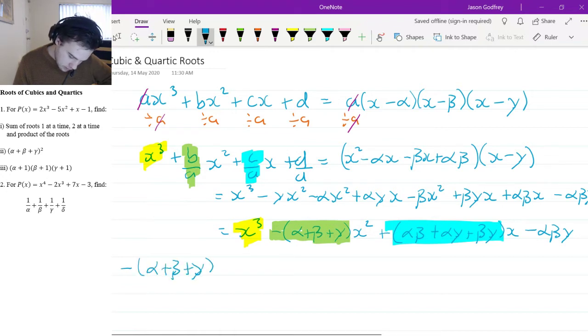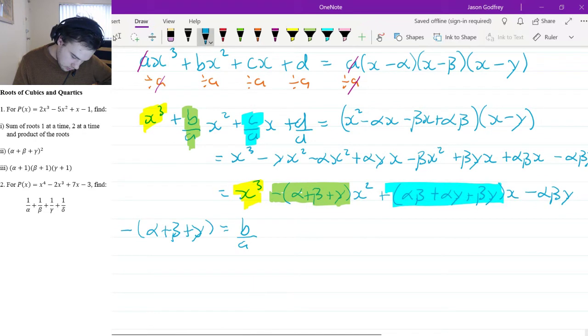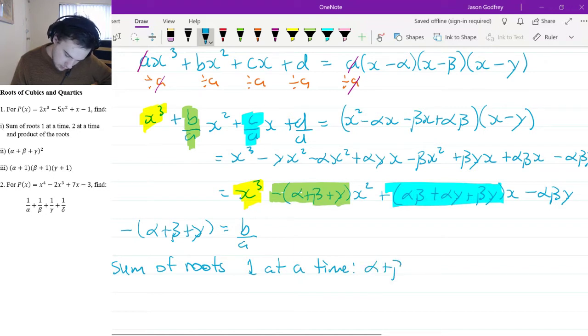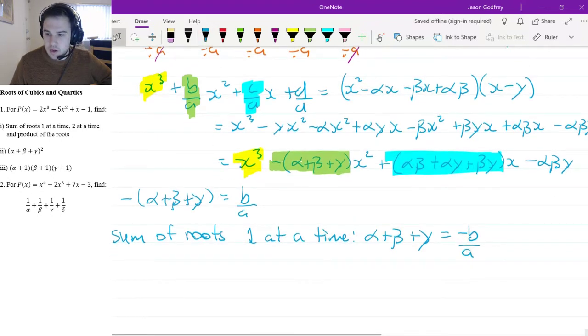Again, like we did last time, we'll just bring the negative over to the other side. So this is called the sum of the roots one at a time, right? Because we've just got alpha, beta, gamma, alpha plus beta plus gamma, they're all by themselves, equals negative b on a.